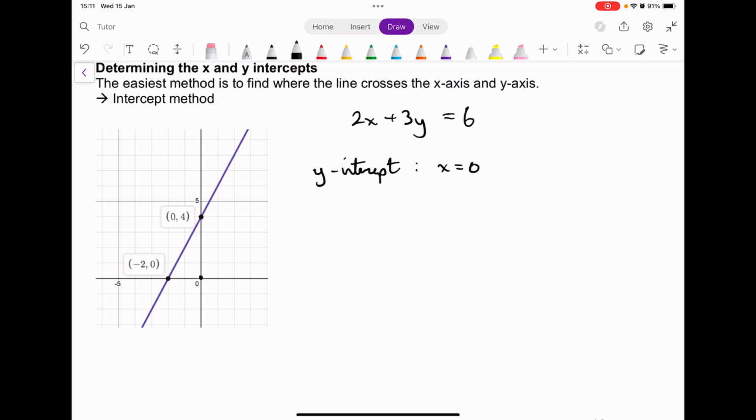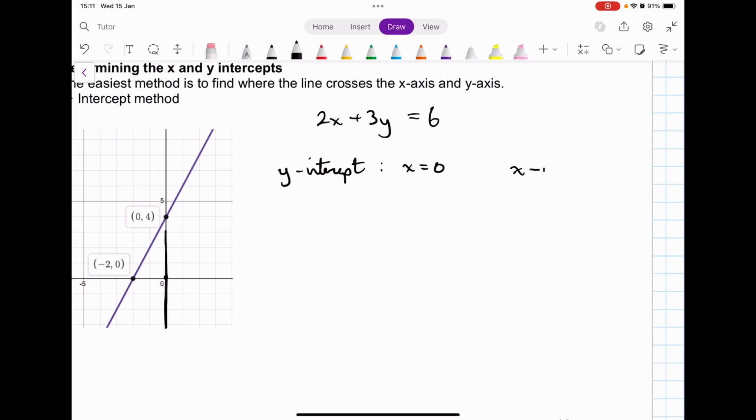Because you don't go across by anything. The x value is always going to be 0 at the y-axis. And similarly for the x-axis, because you're not going up or down by anything, the y value is always going to be equal to 0.